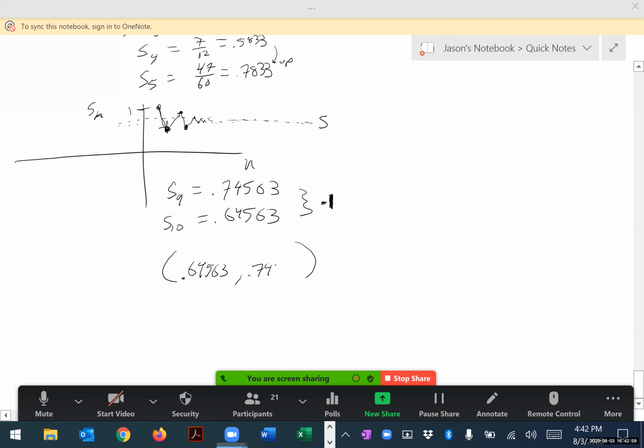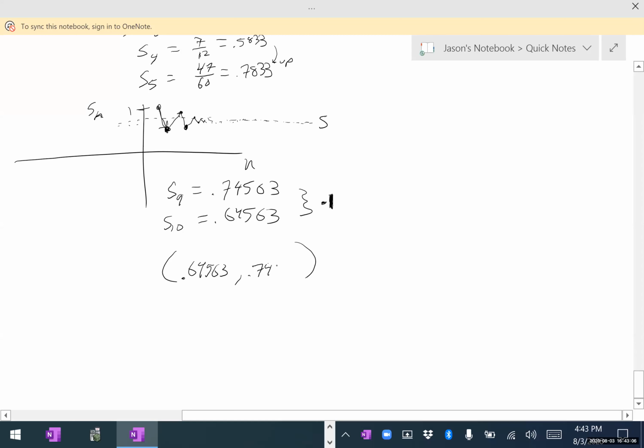Okay, so 7-4, 5-6-3. I can't write again. Is it me that keeps doing this? It's not my pen, is it? Nope, not my pen. Let's try it one more time.